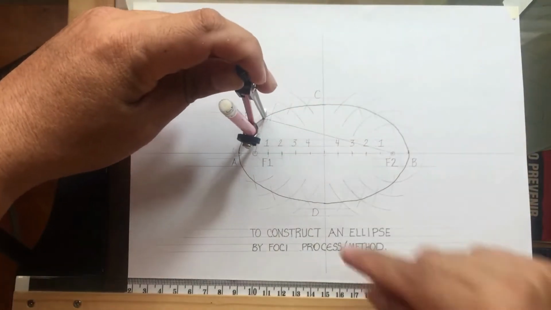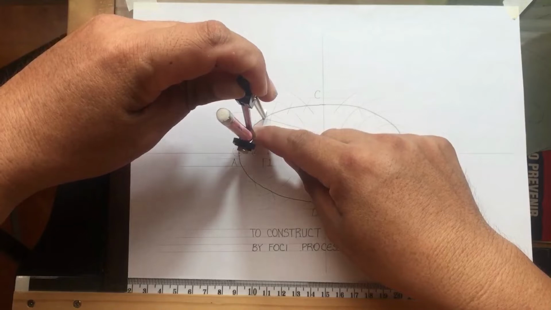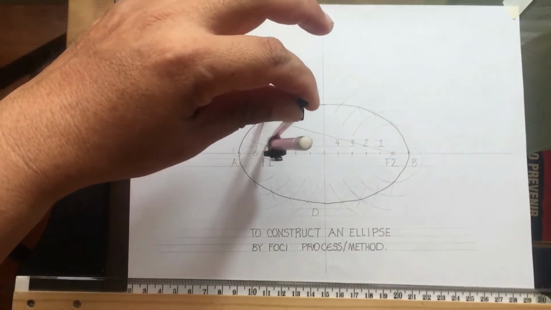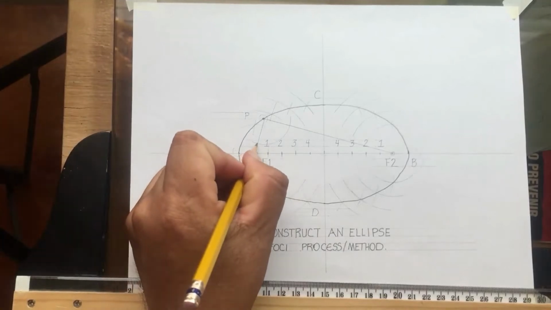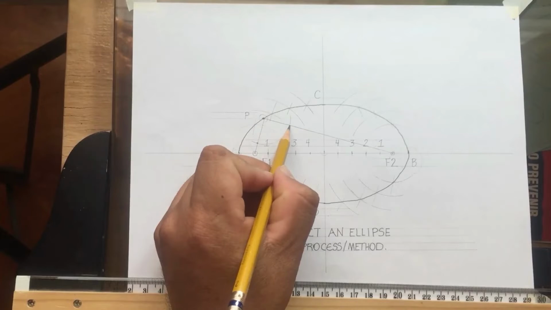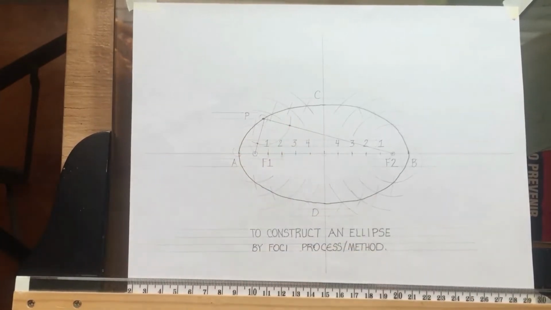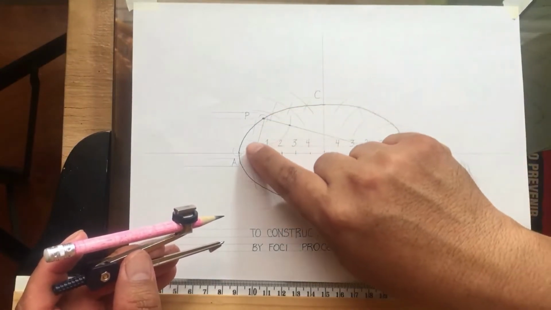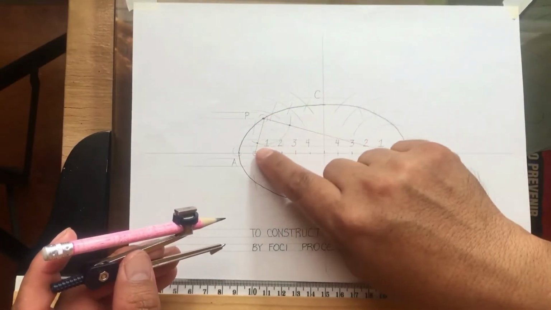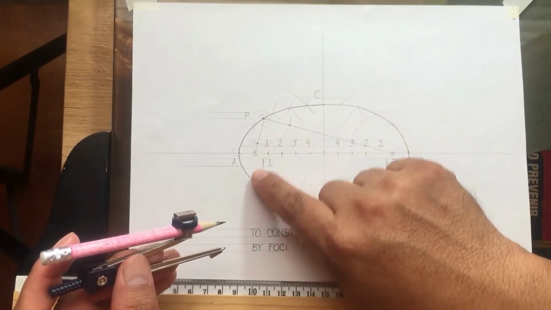So I'll open to any radius, I'll scribe an arc. Okay, and I'll place a small dot here because this is the point I want, and this is the second point I require. Okay, so on this line I have obtained a point where the arc intersected F1 and P.